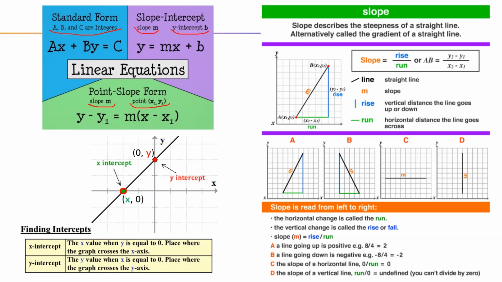It means y equals 0, the x value when y equals 0, the place where the graph crosses the x-axis. So we write (x, 0) because y always equals 0.